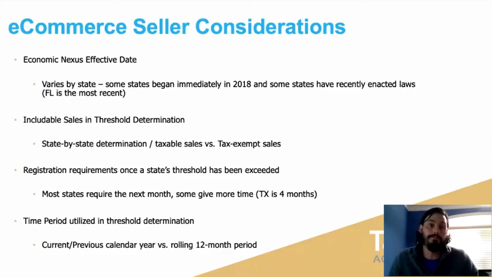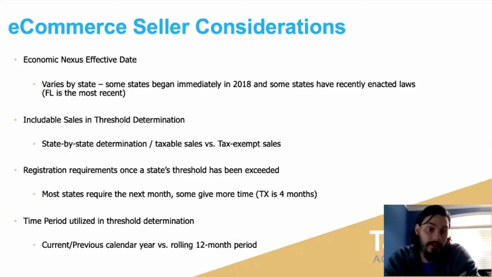Okay, what now? Well, technically the requirement is you register the month after you reach the threshold. So it would be September 1st would be your quote unquote registration date. But once again, it varies by state. Normally what I do is I just register, I let the client know and I say, hey, you might just want to go ahead and get this done, just so we're not forgetting about it in 2-3 weeks.